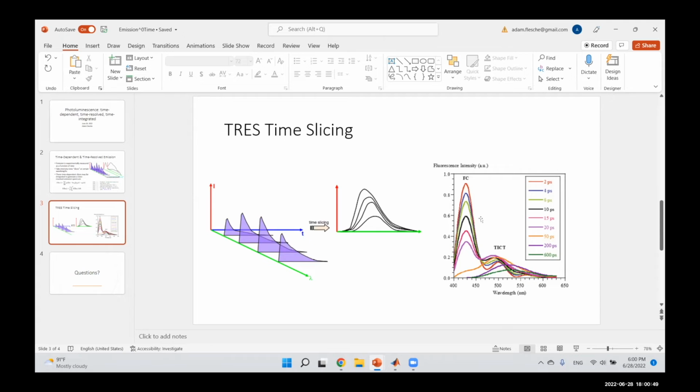But they use this to explore solvent relaxation. Now that affects the rate of these things and charge transfer systems. So they looked at an intermolecular charge transfer system here, and they looked at all these different time slices. But that was basically all I had.